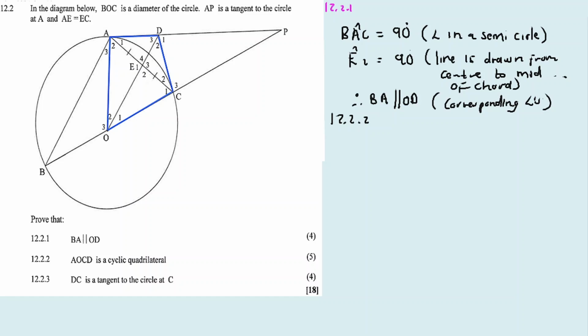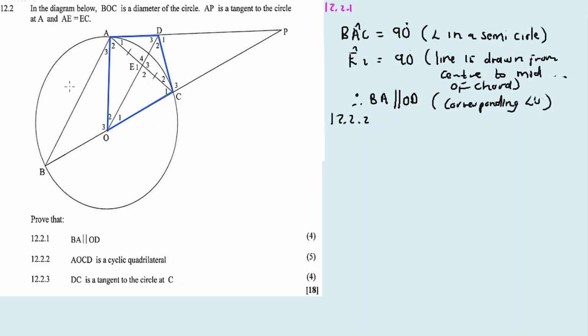So proving a cyclic quad involves angles in a semicircle, so it's not that two theorems are involved. Opposite angles in a cyclic quad are supplementary. If I had this angle and this angle, I would add them and show that they are supplementary.